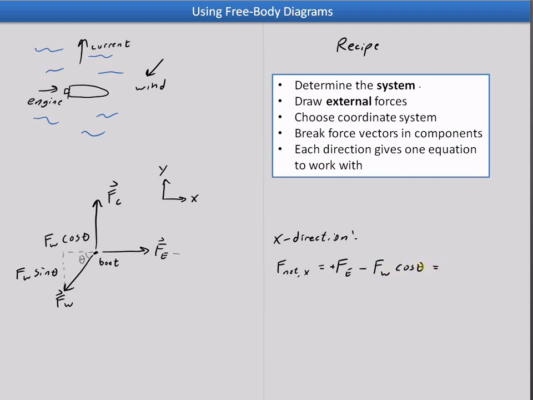And the net force from Newton's second law is equal to mass times the acceleration in that direction.